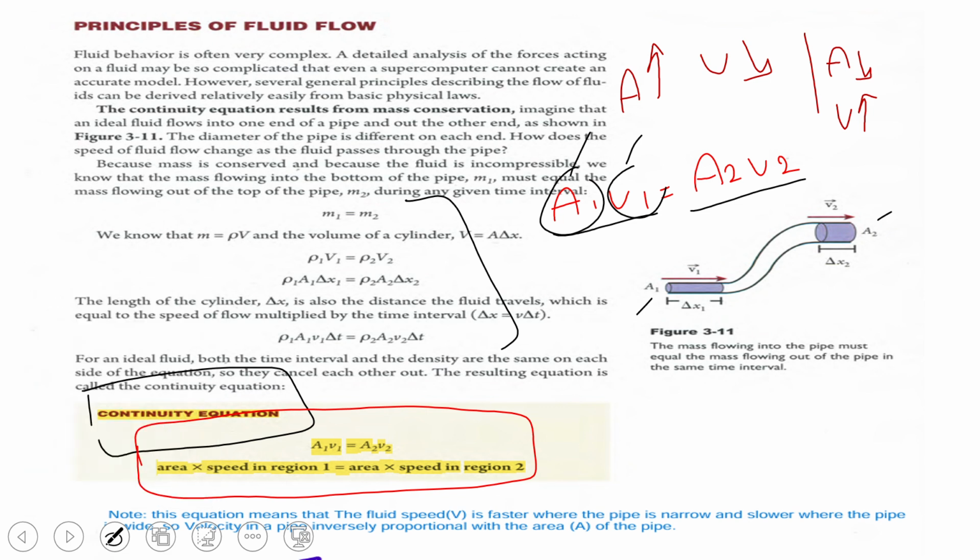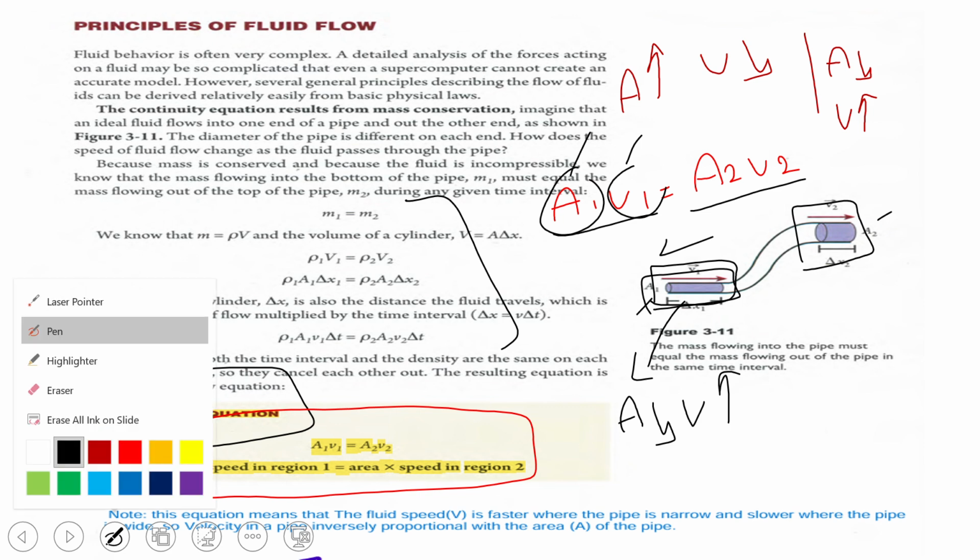So look at this picture. Focus, we compare these two regions. Which one of them has a small cross section or small area? Of course that one. In this region we have more velocity. What about the second region?